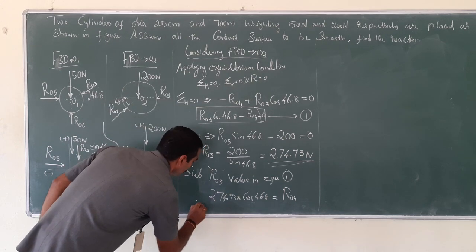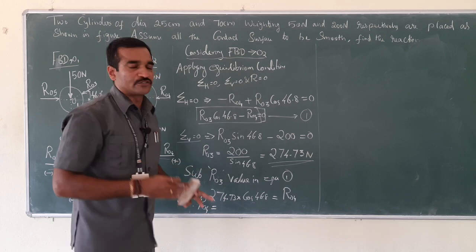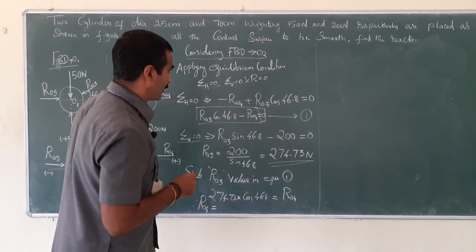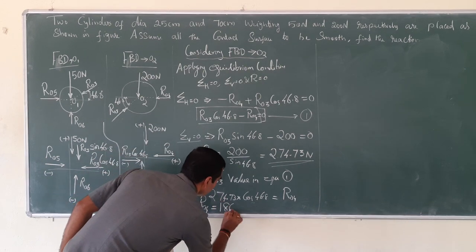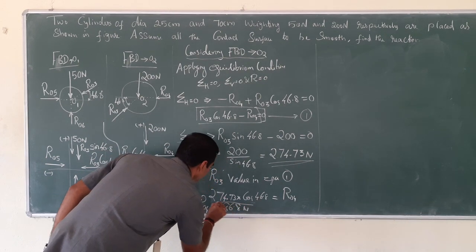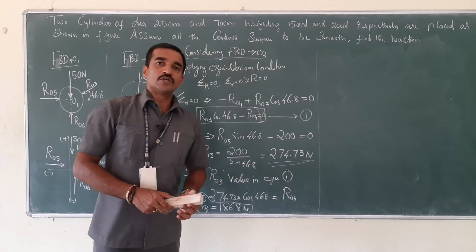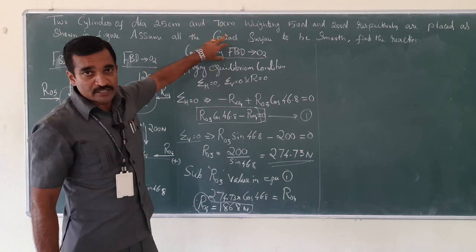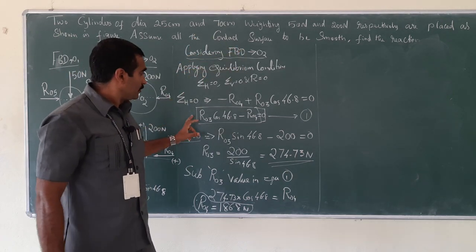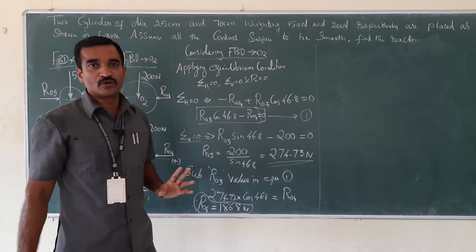Therefore, R04 equal to, if you feed this value in the calculator, you will get something around 186.8 Newton. So, by considering the FBD of cylinder 2, I have found the values of reaction O3 and reaction O4.